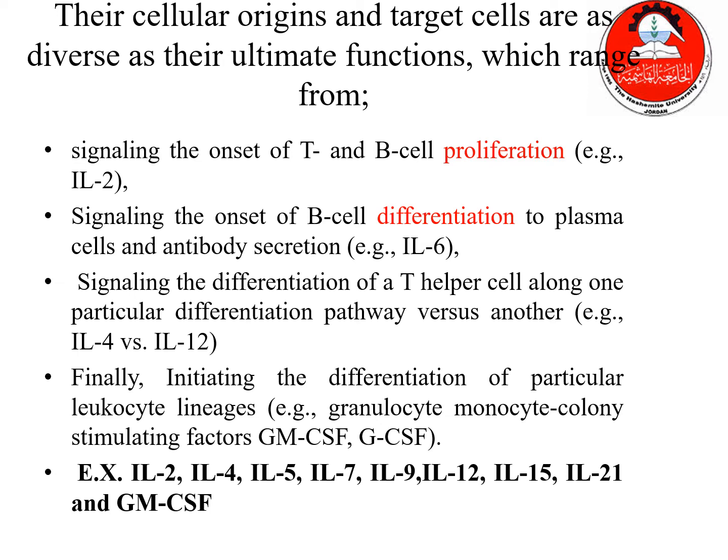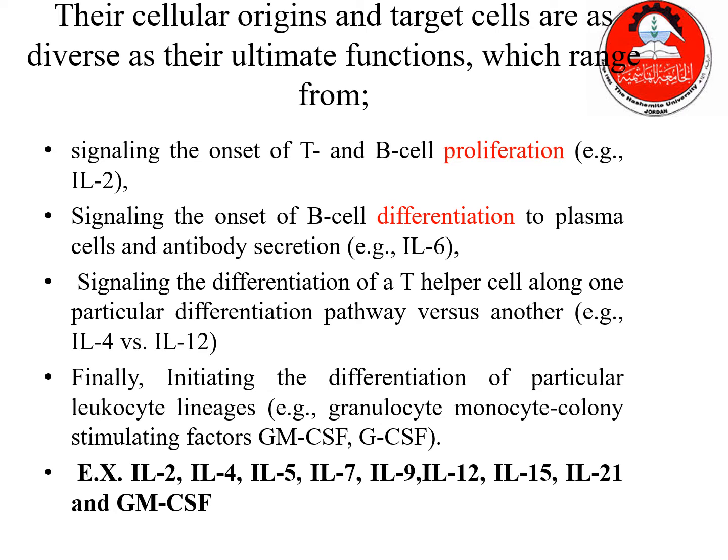Here we're talking about interleukin 6, signaling the differentiation of a T helper cell along one particular differentiation pathway versus another. We have interleukin 4 and interleukin 12, which determine the direction of differentiation of the T helper cell.